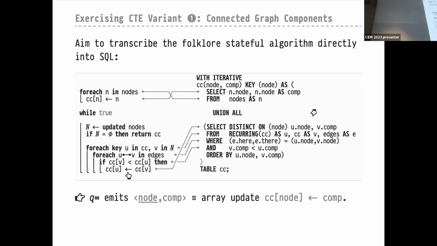And if you look closely, you can draw connections from the imperative style code directly to all the clauses in the recursive CTE here. And it's a very nice way to think about recursive iterative programming in SQL that comes close to stuff that developers out there can understand and love.